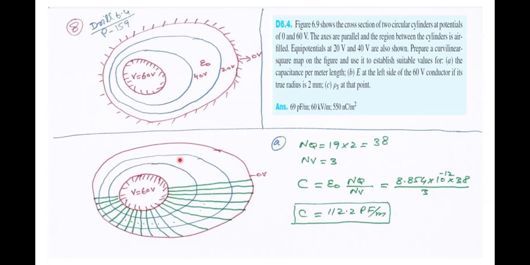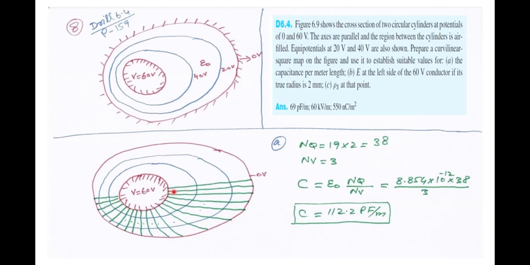Then, as we are given information about the equipotential surfaces, there is no need to draw other equipotential surfaces. But if you want to include more equipotential surfaces, that will increase the number of curvilinear squares, and you will get a more accurate result, closer to what we can obtain using the analytical relation.